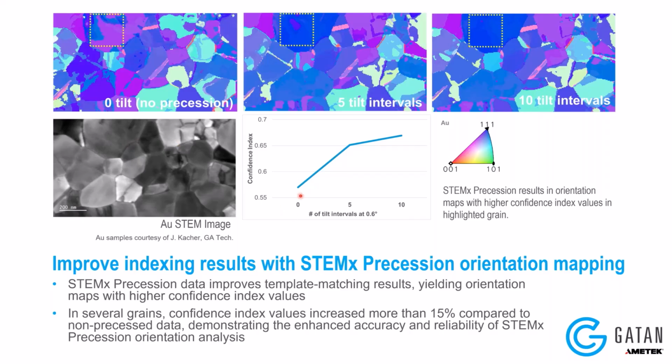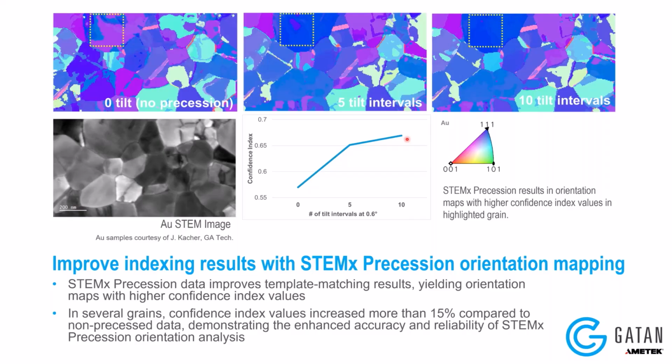But if we also look at the confidence index of that grain, we see that the confidence index improves significantly with only, for example, 5 tilt intervals at a 0.6 degree beam tilt. And then you get even more improvement at 10 tilt intervals.